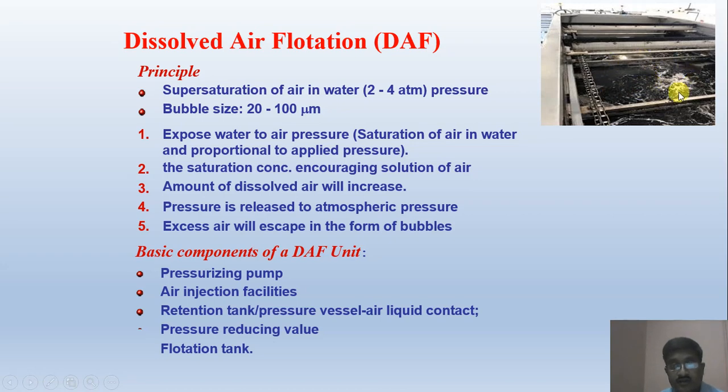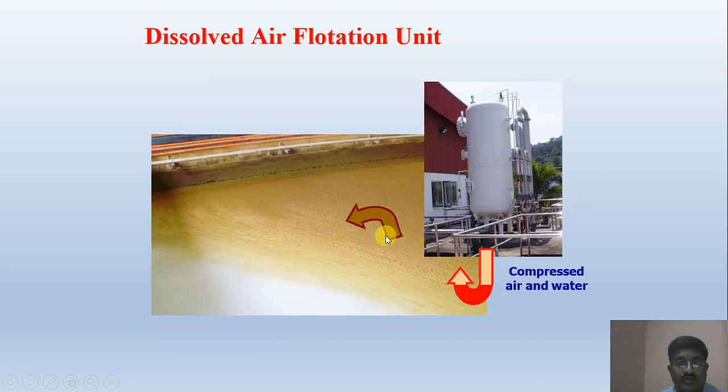So this process can take place and the air flotation can work efficiently. Here you can see small air bubbles formed because of the compressed air provided from the bottom of the water.